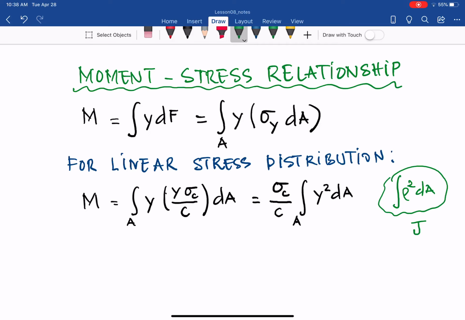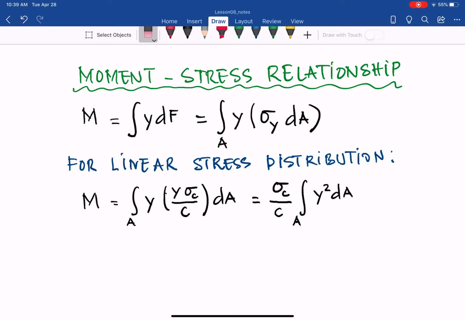And that goes to the reference. We can have pi over 2 times the radius to the power 4 for a circular cross section. Now, as you can see, it's similar to this case. We don't call it the polar moment of inertia, but now we call it the area moment of inertia.